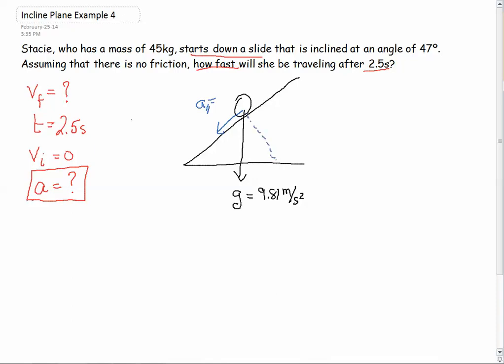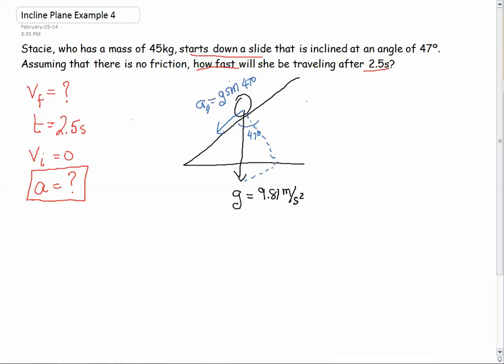So we'll just drop this here like so. We know the angle is 47 degrees, and so we can calculate this acceleration by taking g, the acceleration due to gravity, and multiplying it by the sine of 47 degrees.